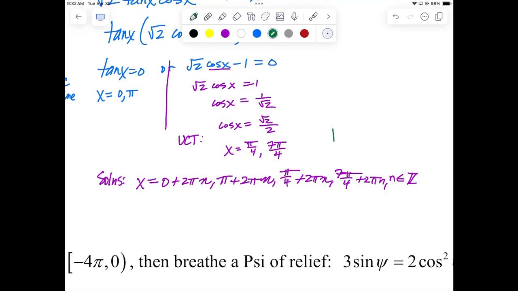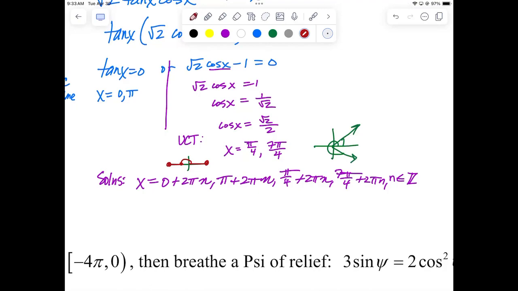Now notice pi fourths and 7 pi fourths, they're not a standard distance away from each other, are they? They're not a uniform distance away from each other. But look at 0 and pi actually are. 0's over here and pi's over here. Aren't they just a half cycle away from each other?